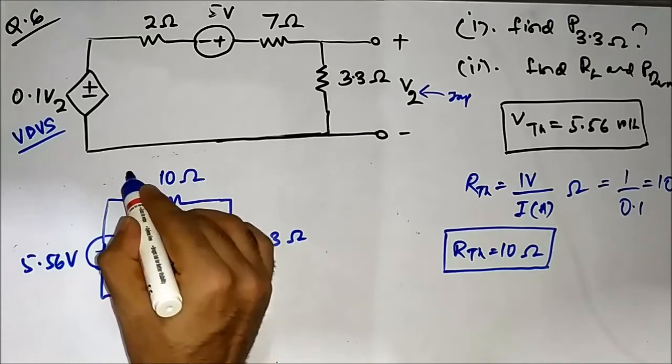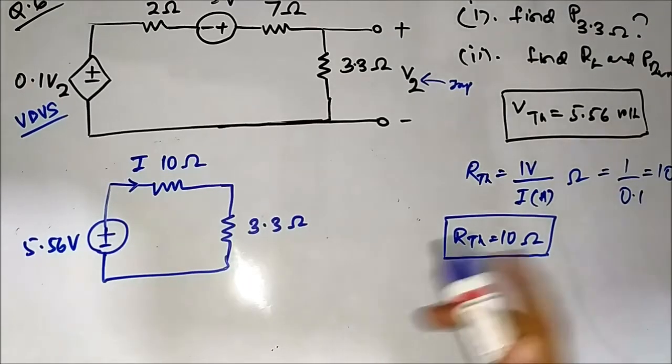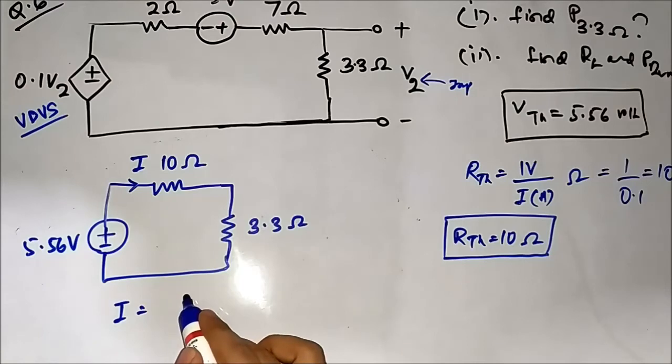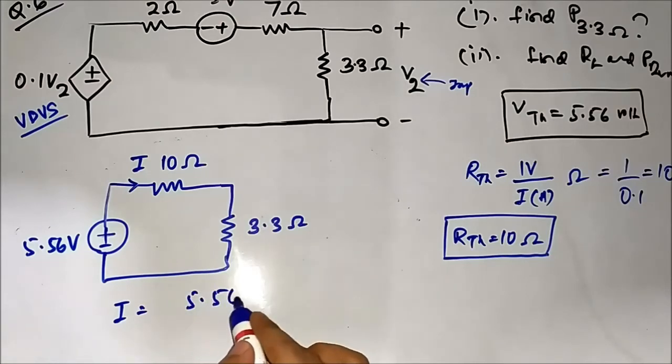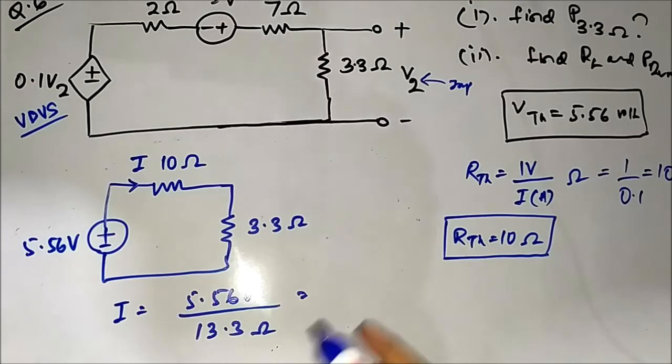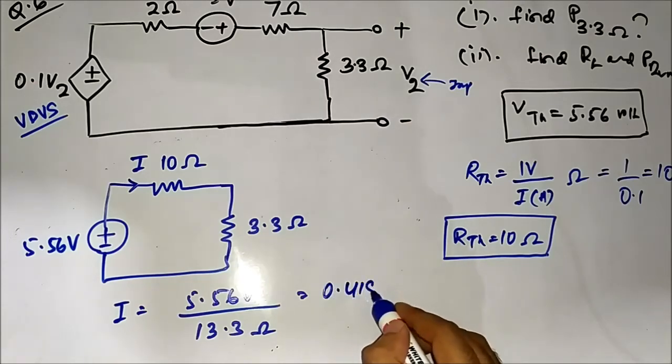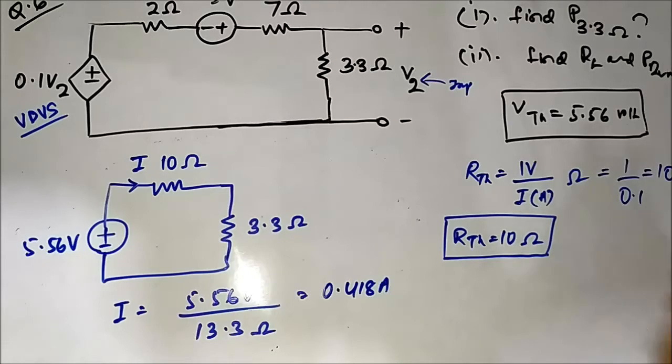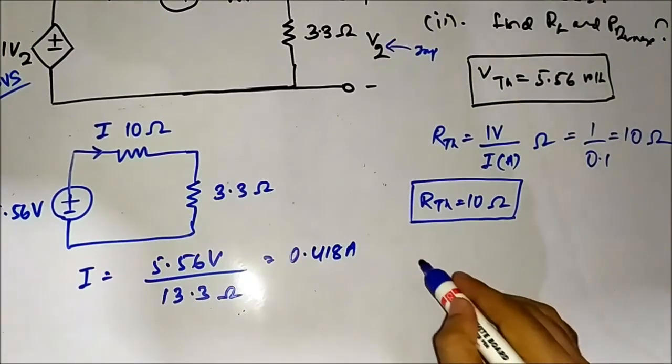Now the current flowing is I is equal to 5.56 volt by 13.3 ohm total resistance. So that will be equal to 5.56 by 13.3. So that is equal to 0.418 ampere.